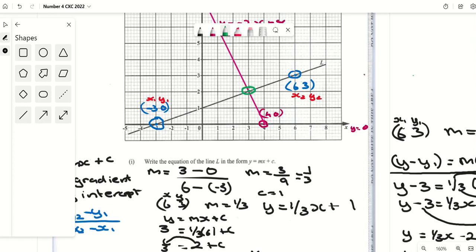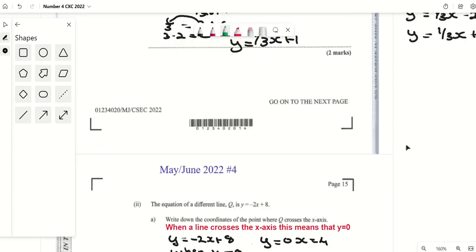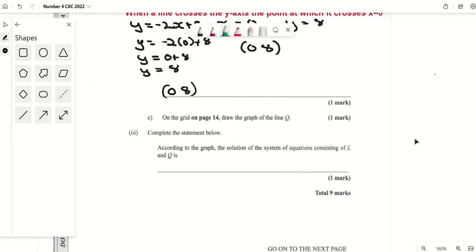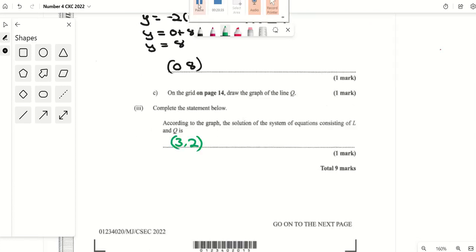Let's put a circle there. That is x is 3, y is 2, so it would be at the coordinates (3, 2). And that would be your answer for the last question there. Right, and that is it for this question, number 4, May June 2022.